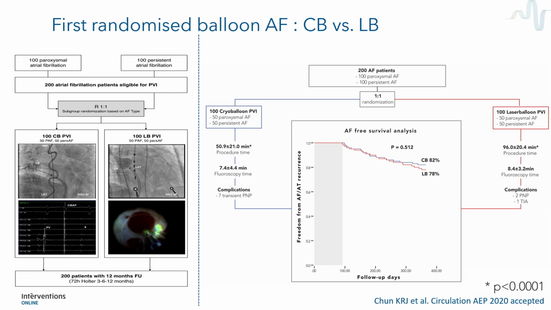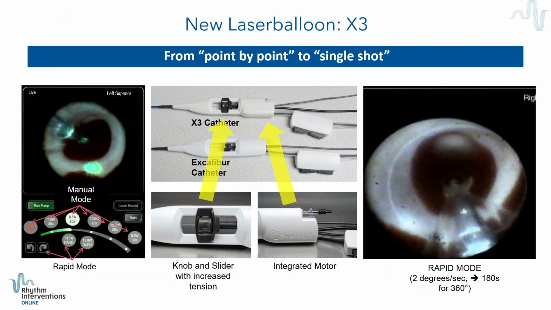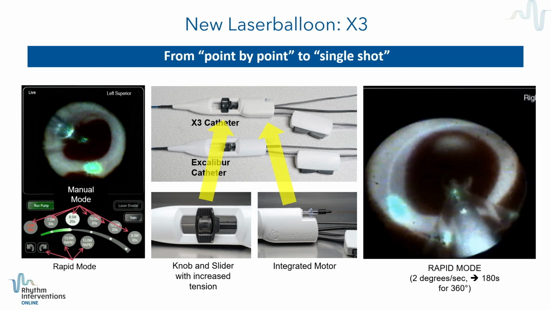So the 12 months freedom from atrial tachyarrhythmia was not different. However, procedure times were significantly shorter, 50 minutes versus 96 minutes for the cryoballoon. And this is why we're very interested in the recent advent of the latest update of the laser balloon.